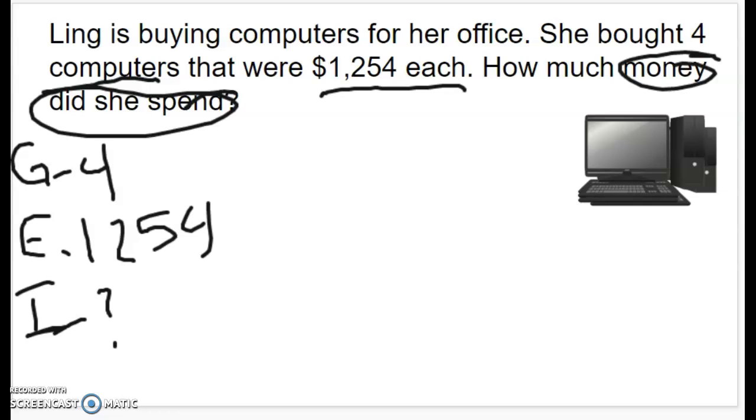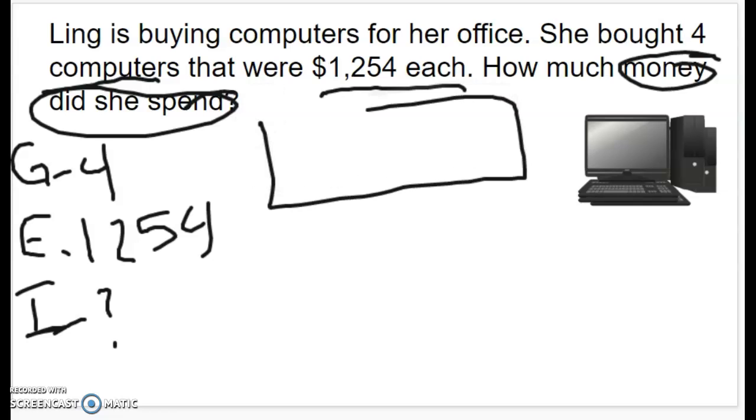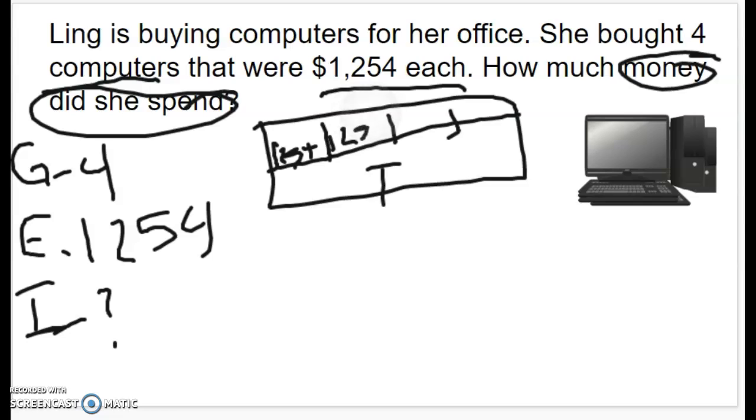So that means when we make our strip diagram, our total is what we're trying to find, and we have 4 groups, 1, 2, 3, 4, that are $1,254 each. Remember, those groups represent each of these computers here.